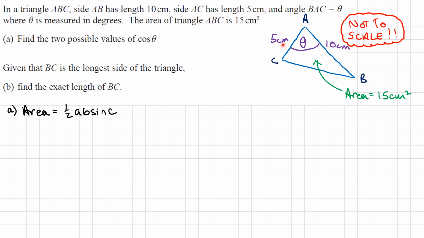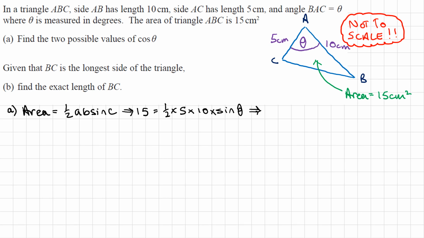So my a is going to be 5 or 10 and b is going to be either 5 or 10. It doesn't matter which way around. So I'm going to put area, which is equal to 15, is equal to half a, I'll call that 5, times b, I'll call that 10, times the sine of C, which is theta.